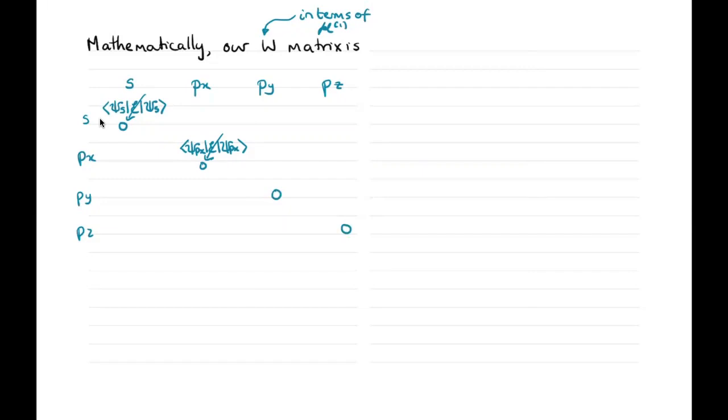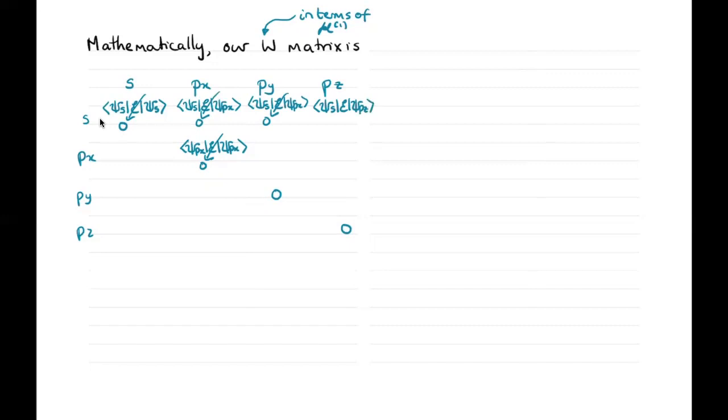For the off-diagonal terms, these look like this: psi s times E along the z direction times psi px. And this one is also 0 by symmetry. Likewise for py. But for pz, since the electric field is along the z direction and pz is along the z direction, I don't get a 0 here.